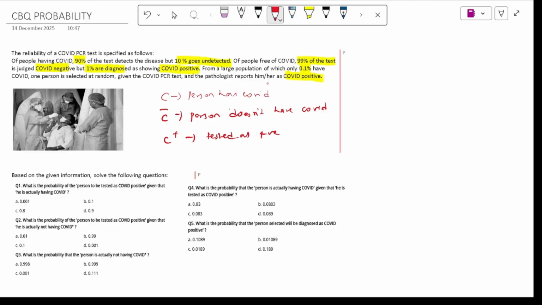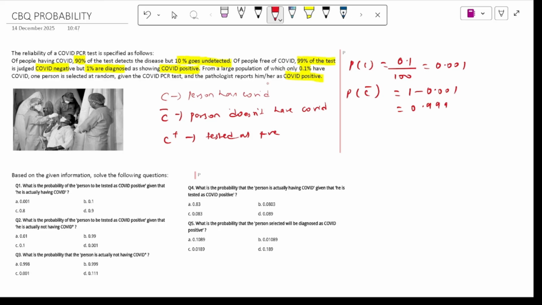So P(C), the person has COVID, is 0.1%, so 0.1 upon 100, which is 0.001. So P(C complement) will be 1 minus 0.001, which is 0.999.